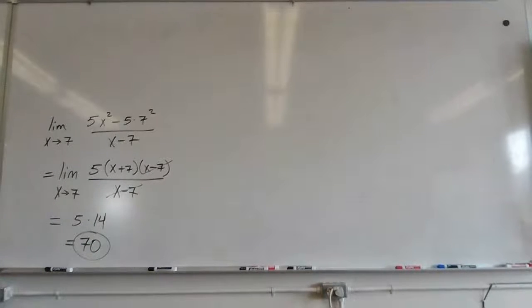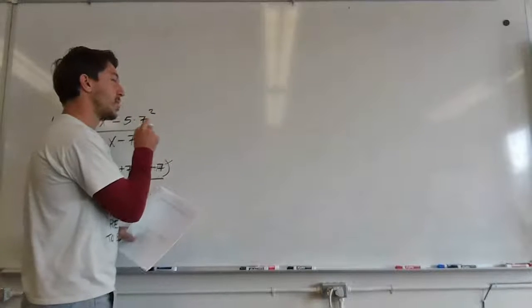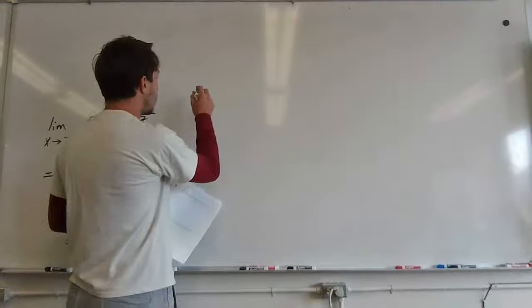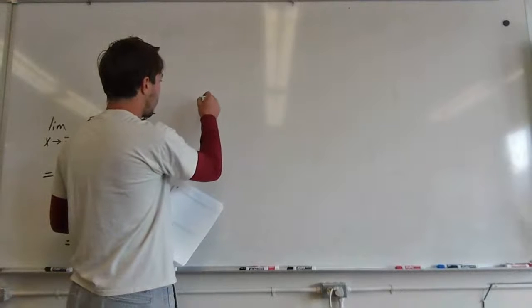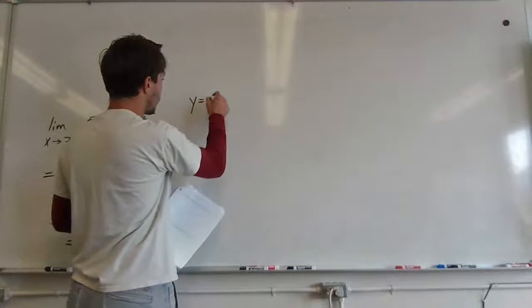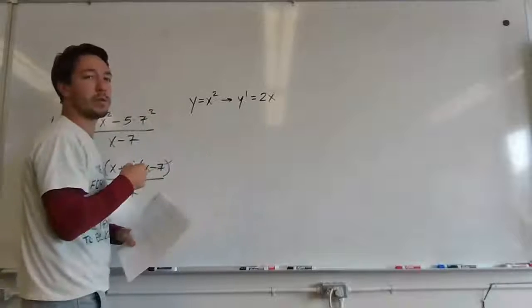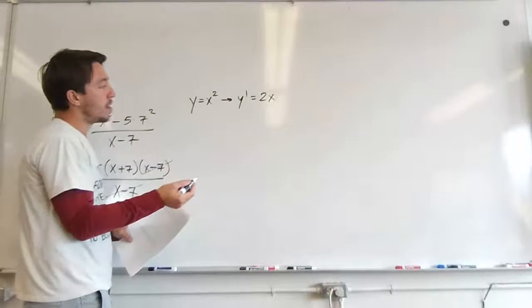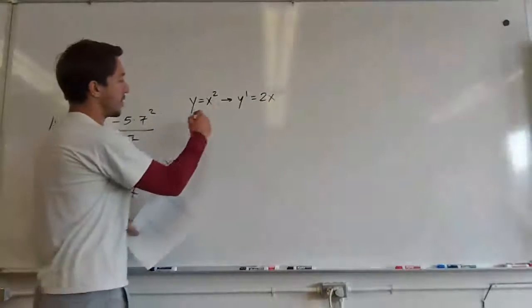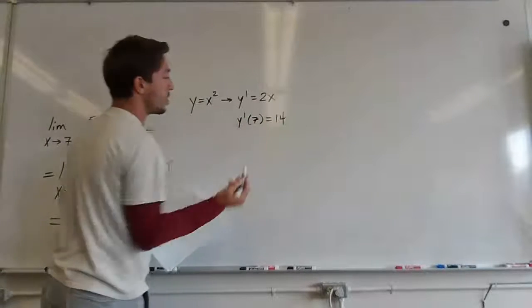Now there's an interesting thing to think about here. We showed the other day that if y was x squared, then the derivative was 2x. We proved that with the limit definition of the derivative, which means that y prime at 7 would be 14.